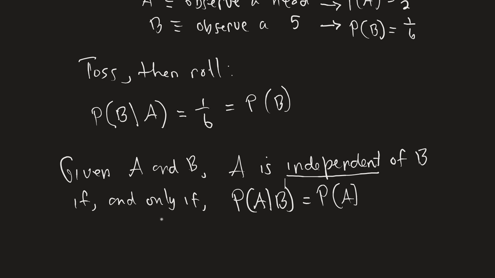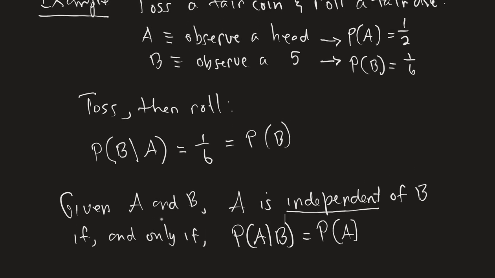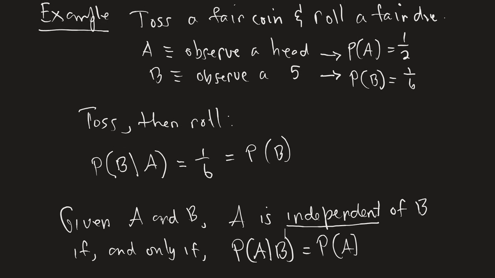Now, going back to this example with the toss and the roll, what if we changed the order? So again, remember we did it in sequence here. We toss and then we roll. That could be a song or a dance or something.